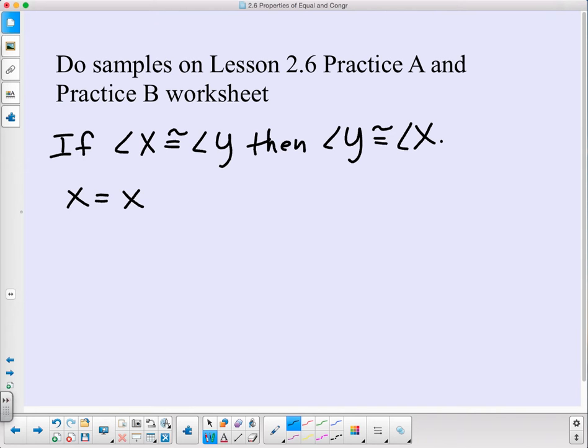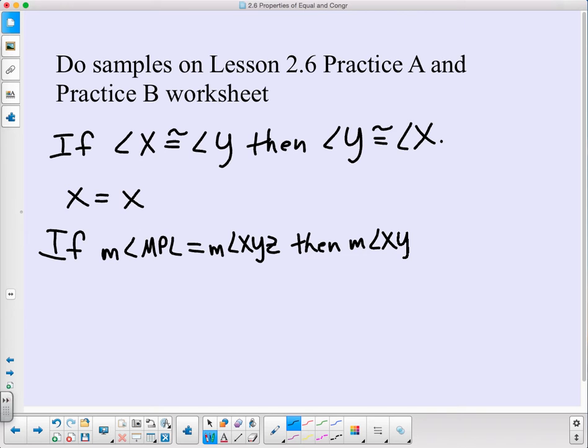Reflexive property of equality. Very good. If measure of angle MPL is equal to measure of angle XYZ, then measure of angle XYZ equals measure of angle MPL.